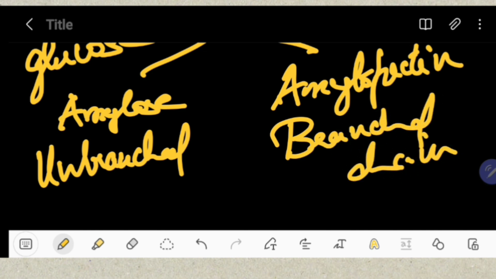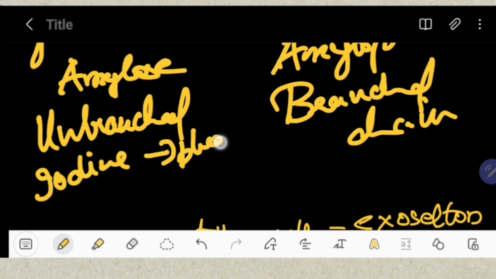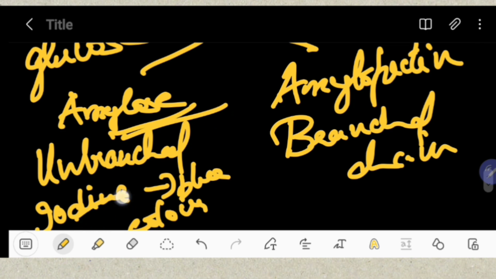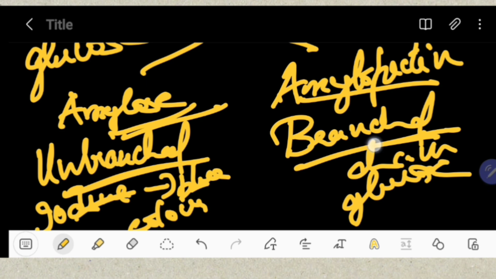The secondary form of amylose changes iodine to blue color. In experiments, to test for starch we use iodine, and it changes to deep blue color. It is the secondary form of amylose that changes iodine to deep blue. In starch you can see both: amylose is the unbranched glucose chain and amylopectin is the branched glucose chain.